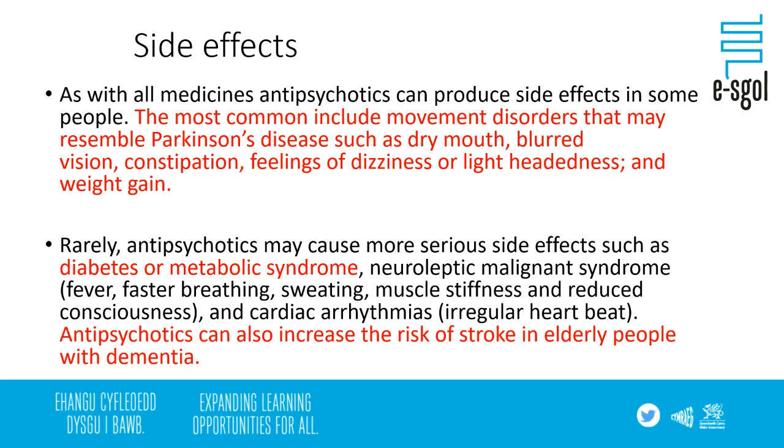So there are side effects, and the most common ones, like I've said, are things that resemble Parkinson's disease. So a dry mouth, blurred vision, constipation, feelings of dizziness or lightheadedness, and significant weight gain.